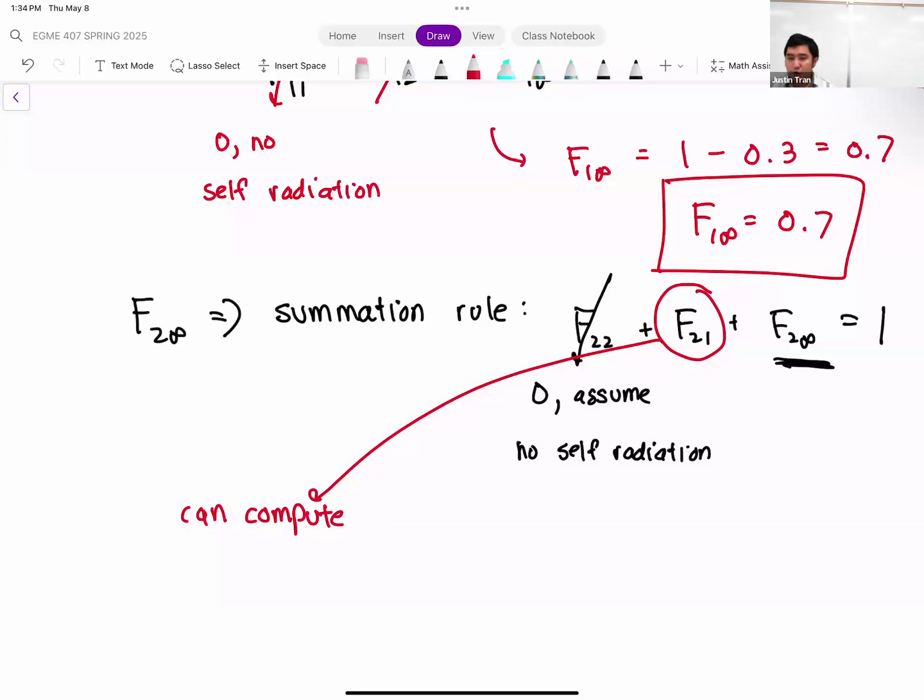We may not have F21, but we do have F12, so we can compute this using F12 and the other view factor rule, which is the reciprocal rule.